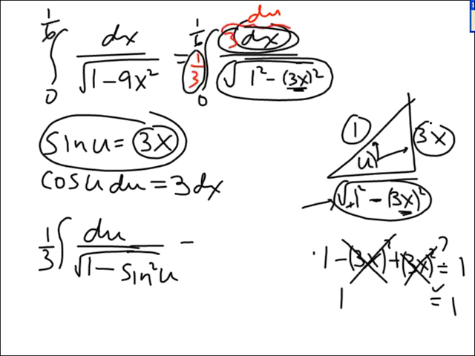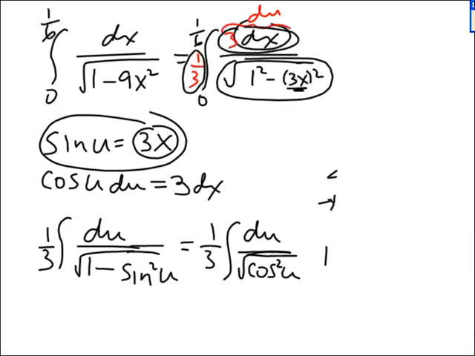What you need to remember is that that is cosine squared of u. And the square root of that is just going to be cosine of u. So this is 1/3 the integral of du over cosine of u.